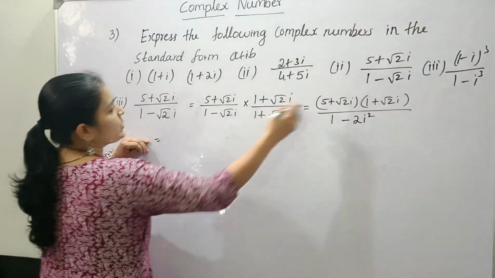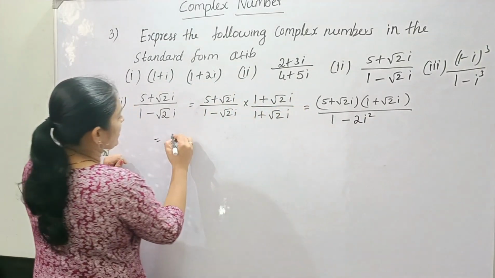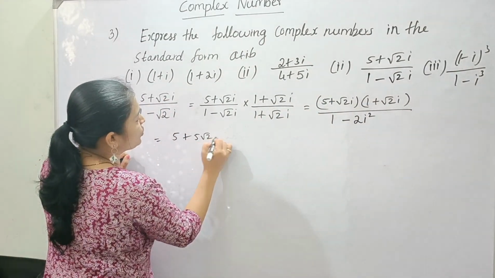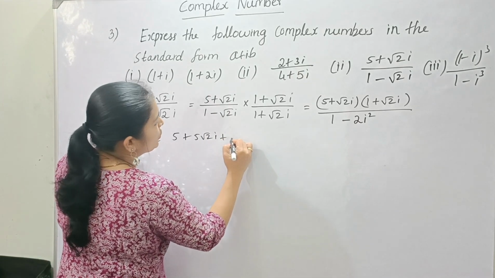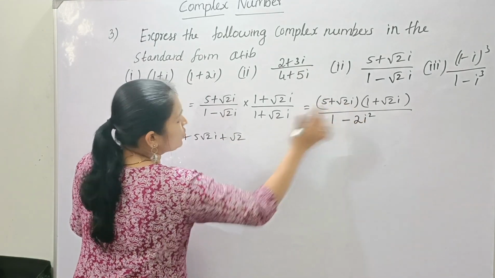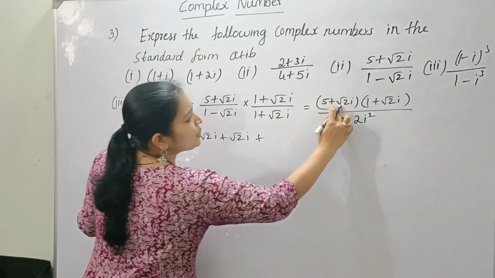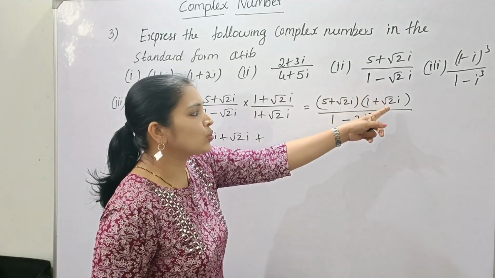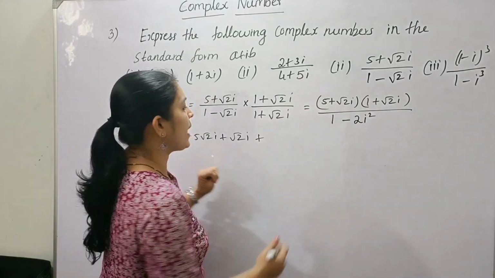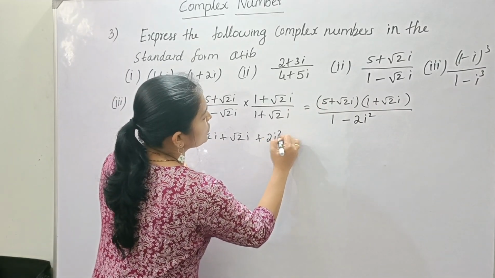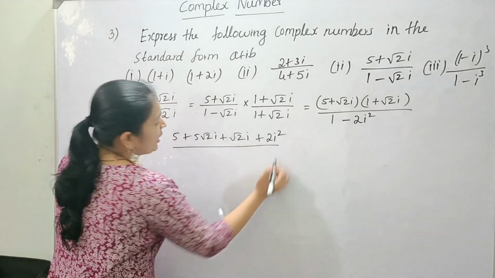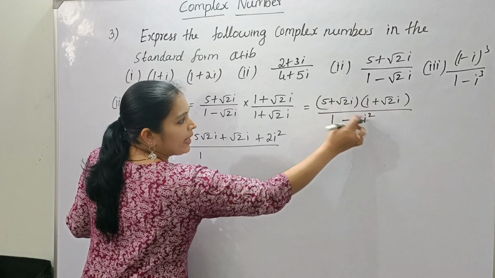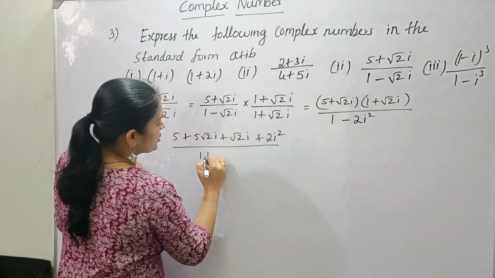That is equal to, now expand the numerator, 5 into 1, 5, plus 5 into √2, that is 5√2 i, plus √2 into 1, √2 i, plus √2 i into √2 i, √2 into √2, 2, i into i, i square, so 2i square, divided by, here 1, i square value is minus 1 into minus 2, plus 2.